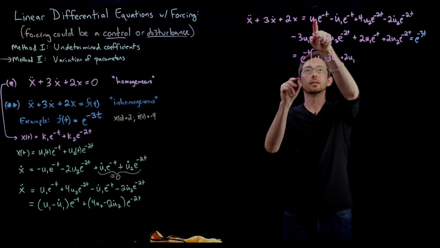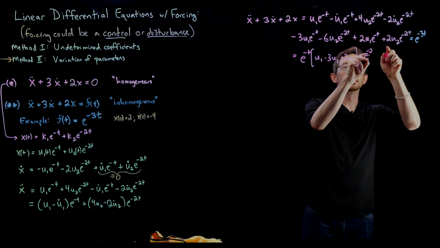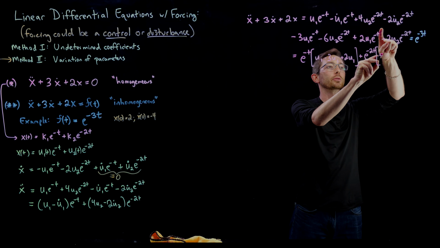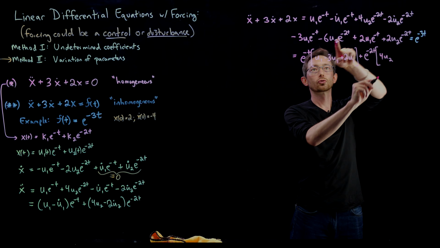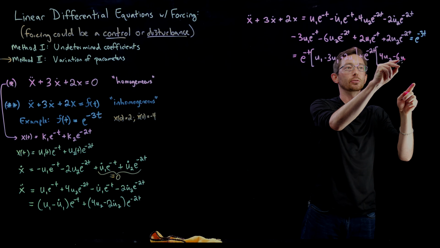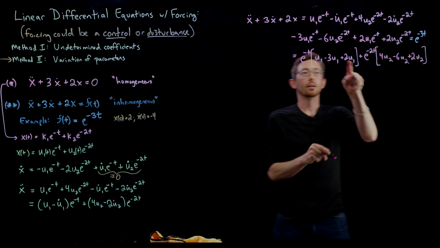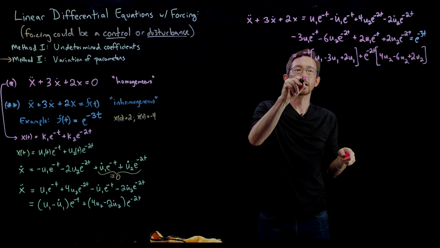That's all of my e to the minus t's, plus my e to the minus 2t's. That's going to be 4u2 minus 6u2 plus 2u2. And then I also have these dots, these u1 dot and u2 dot.